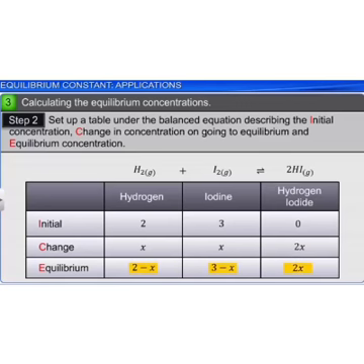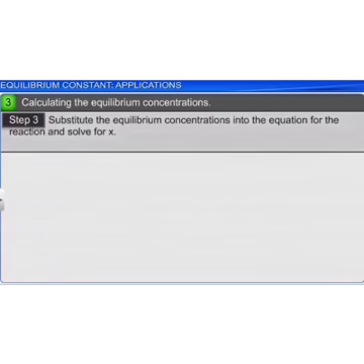In the third step, substitute the equilibrium concentrations in the equilibrium equation and solve for x. The equilibrium equation for the reaction is Kc equal to the concentration of hydrogen iodide raised to the power of 2, divided by the product of the concentrations of hydrogen and iodine.